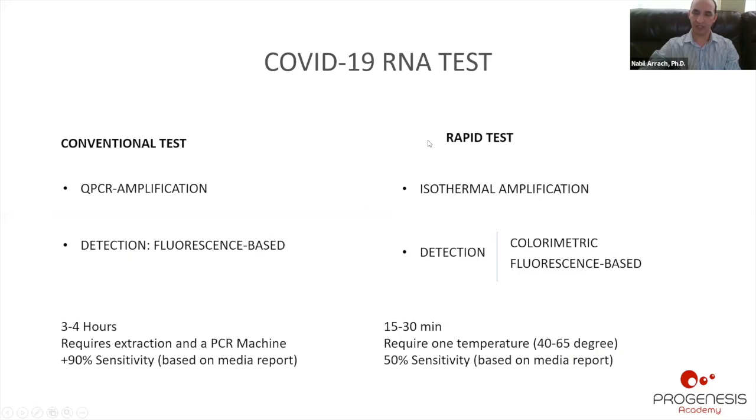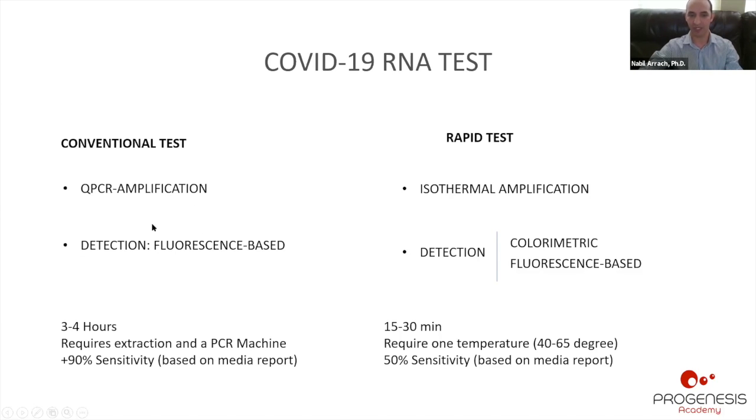Back to the molecular testing, the COVID-19 RNA test, a way of detecting RNA, because coronavirus has a single-stranded RNA genome. So you have two tests: the rapid test and the conventional test. The conventional test is qPCR. We call it Q for quantitative PCR, and it relies on fluorescence detection.